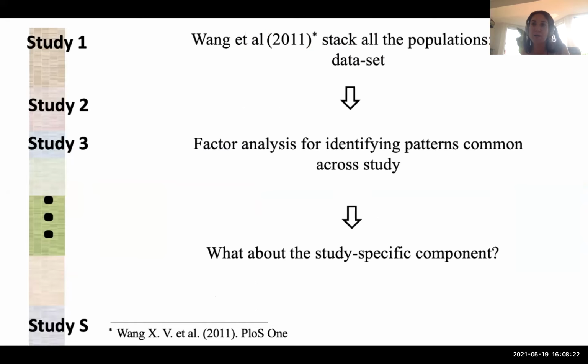One really trivial solution could be to stack, as you can see in this figure on the left, all the studies into one, to create a big data set and to perform standard techniques such as factor analysis or principal component analysis. So in this way, the result is that you can have common features shared across all the studies, but what about instead the study-specific components?